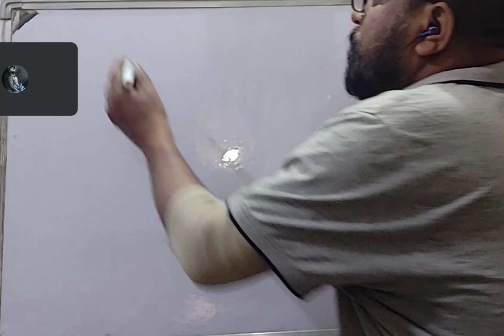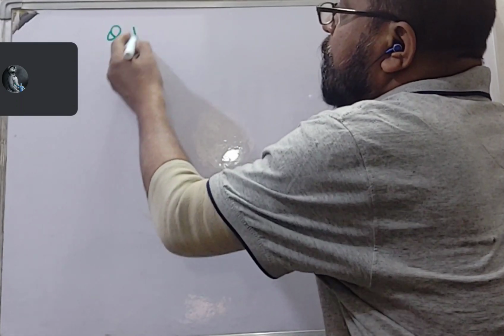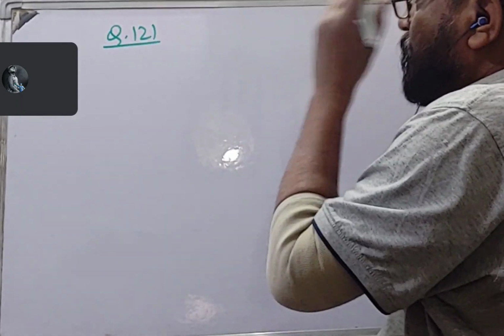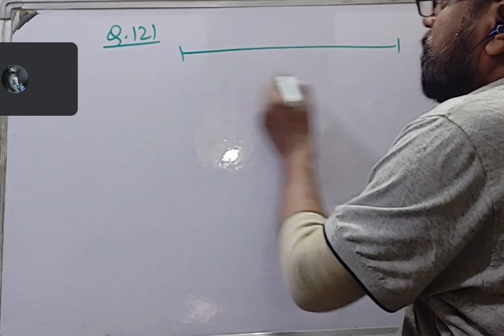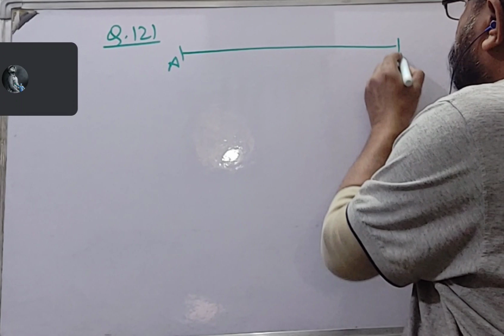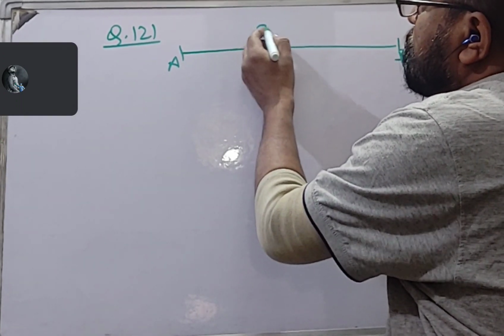So now we have question number 121. There is a wire of 32 ohm.